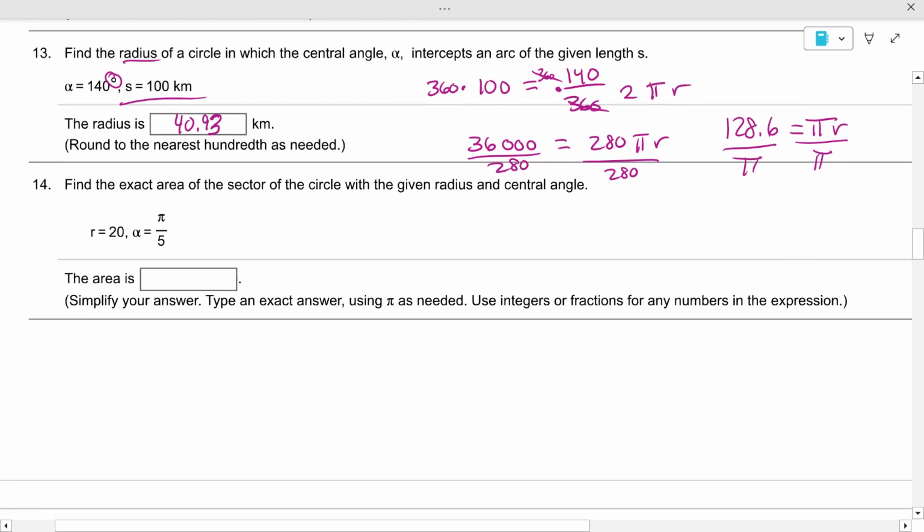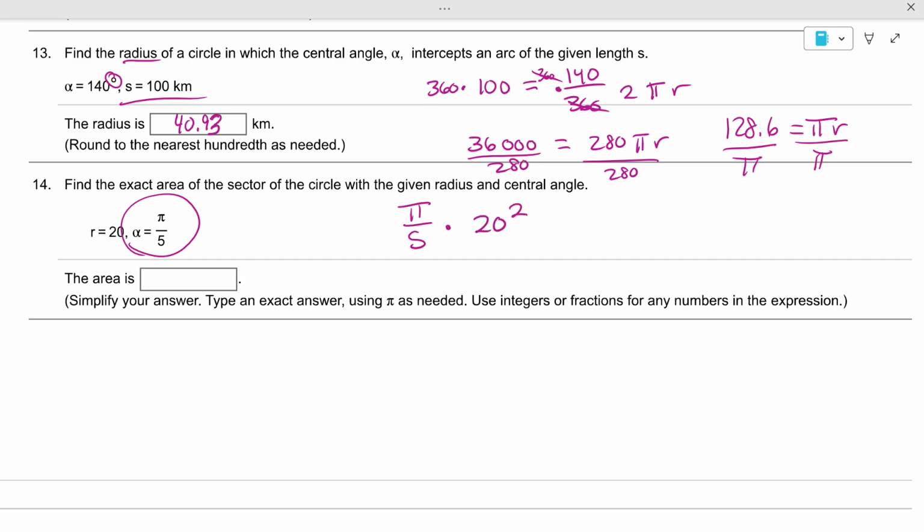Sector area. Is this in radians or degrees? Radians. So you have to use the trig formula. Your angle, pi over 5, times your radius squared, 20 squared, divided by 2. Or pi over 5 times 400 divided by 2.